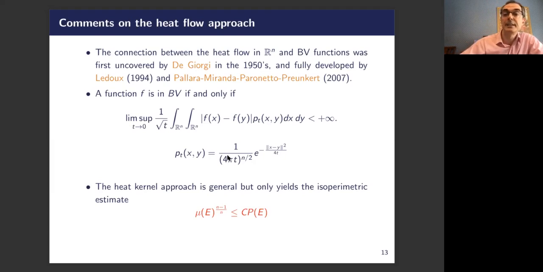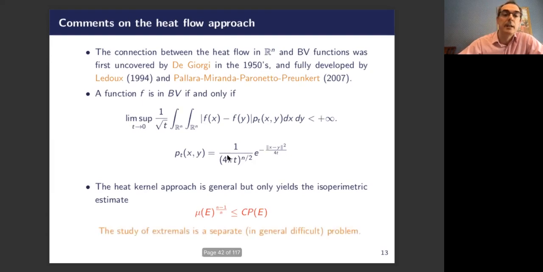That is, it only yields an inequality that relates the volume of a set to its perimeter, but does not tell you what the extremals in this inequality are. So in this approach, the study of extremals is a separate problem. And it's actually a very difficult problem, which is still open, even in very simple situations, like the three-dimensional Heisenberg group.